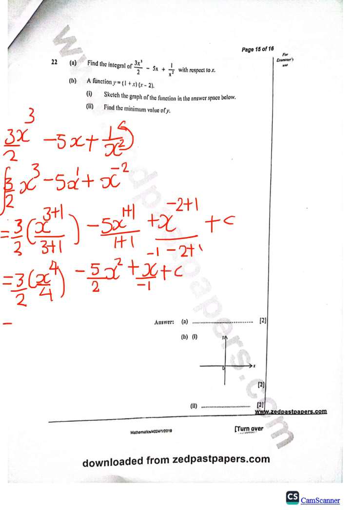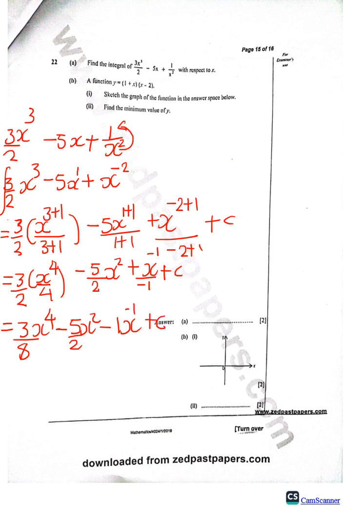We can simplify. So 3 over 2 times x to the power 4 over 4 is 3x to the power 4 over 2 times 4, which is 8, minus 5 over 2 x squared. Negative 1 over negative 1 is positive 1, so we get x to the power negative 1, plus c.